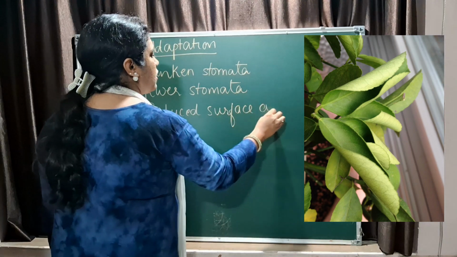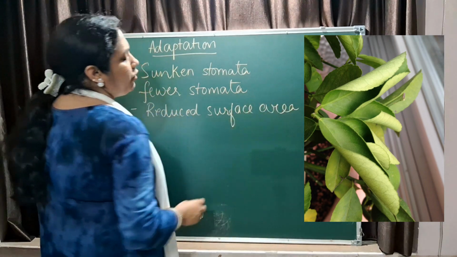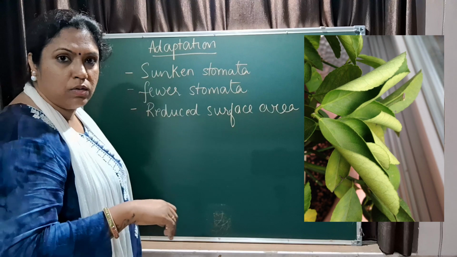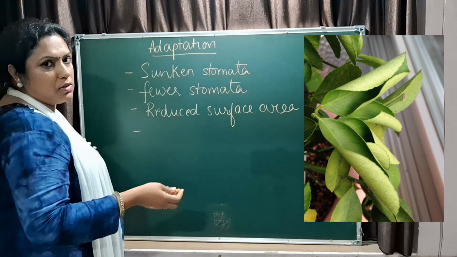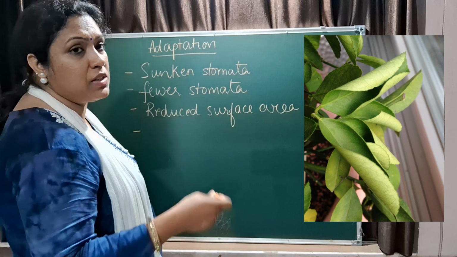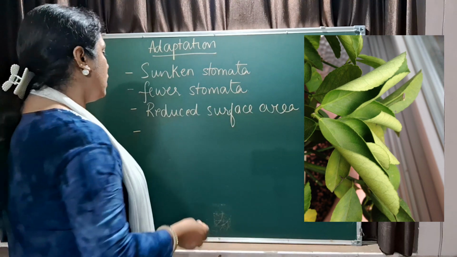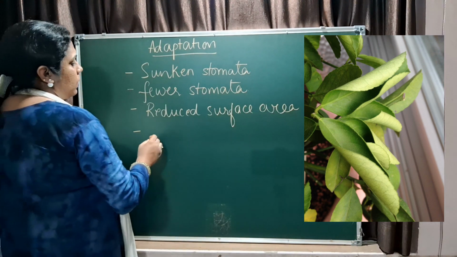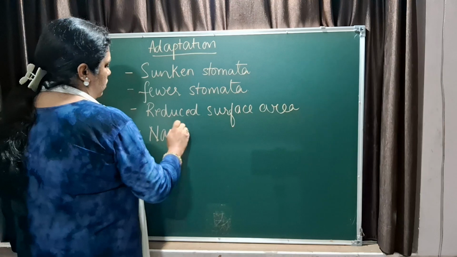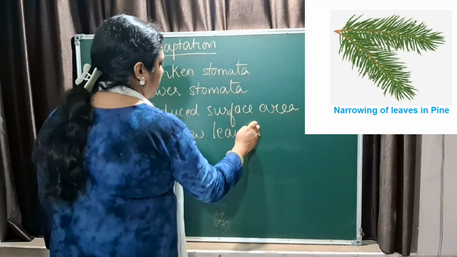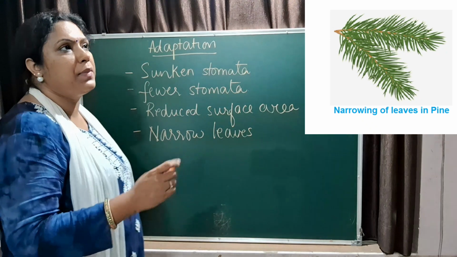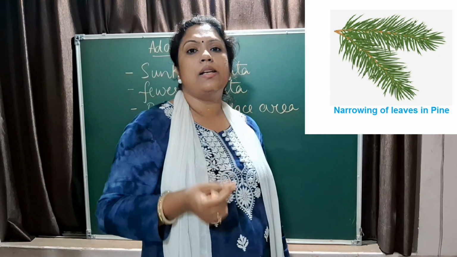The leaf starts to roll from the corners or droop down to avoid the rate of transpiration. Exposure to the sun is reduced. Okay. Then next one is narrow leaves. In certain areas, basically the colder countries, the pine tree and all, you have got needle-like leaves.